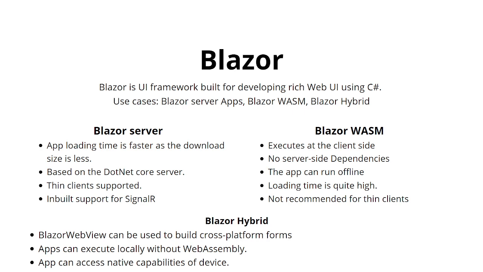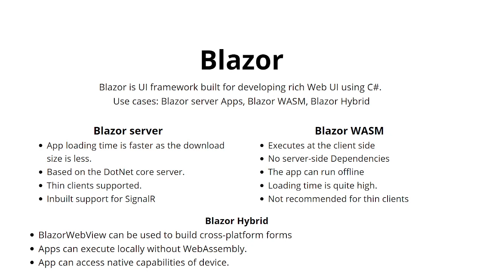So Blazor server is similar to any other ASP.NET Core application. In short, it requires a server where we can host the application, and the .NET Core server will take care of the request-response kind of thing.